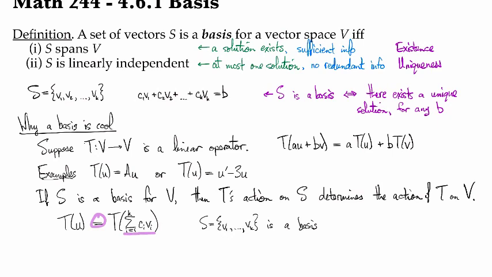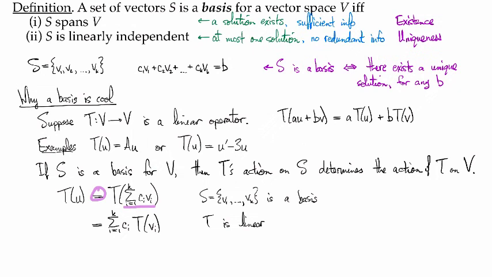Then, using the fact that T is a linear transformation, I can switch the order, and instead of saying T of this linear combination, I can write the summation and the coefficients on the outside using my scalar multiplication and additivity properties, and say it's a linear combination of the T of v's. This step comes because I know that T is linear.